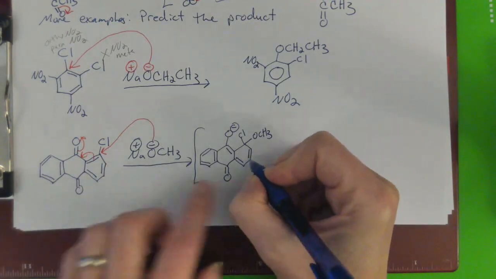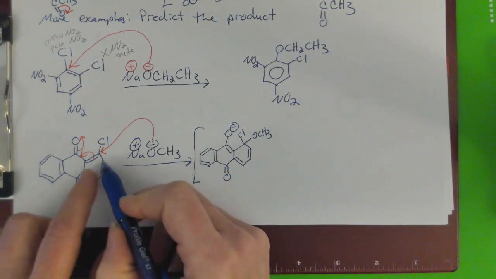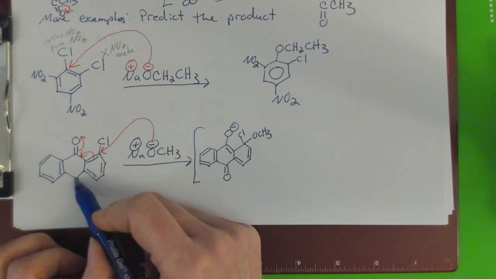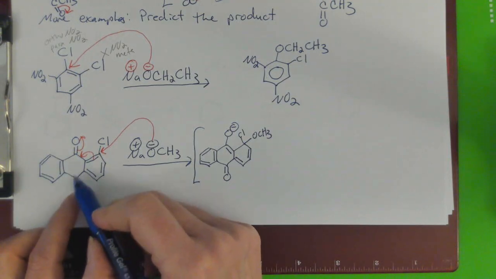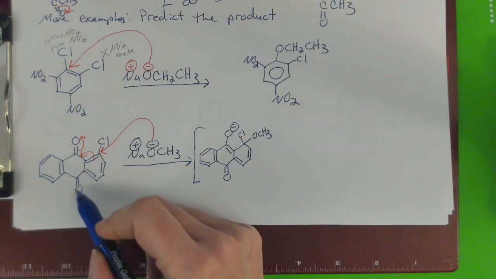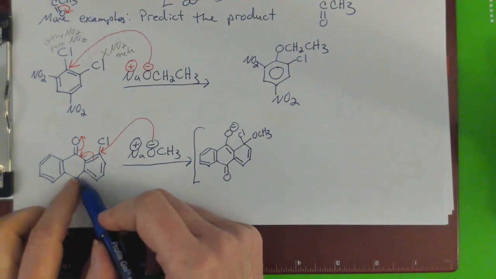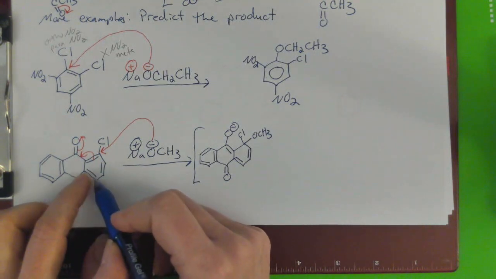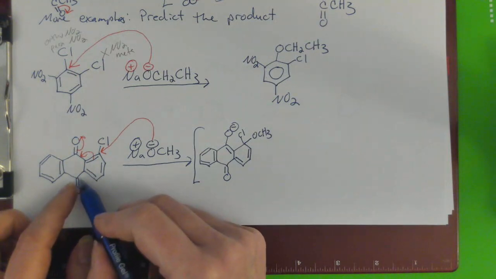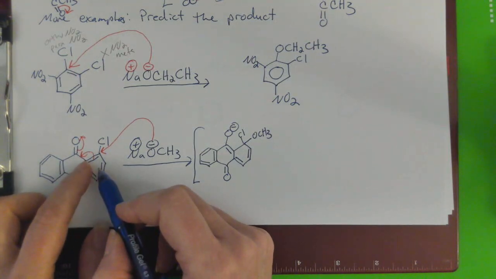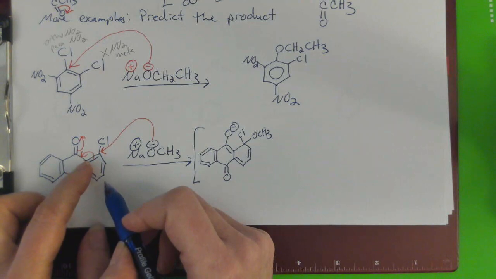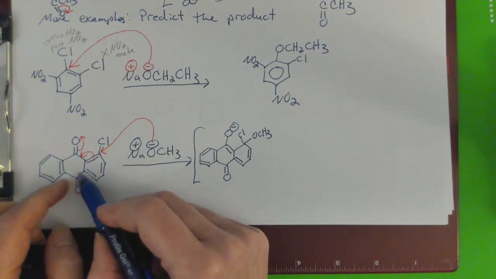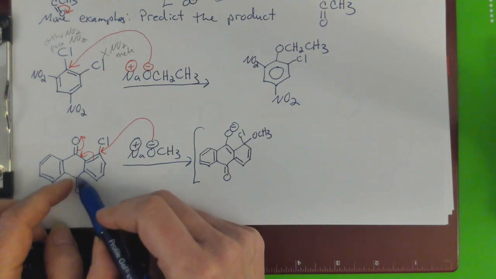And I just want to make a note about something right now. Notice here that technically at this meta position, we have an electron withdrawing group as well. The reaction, though, we don't say the reaction doesn't happen because there's an electron withdrawing group at the meta position. No, as long as we have an electron withdrawing group at the ortho or the para, we can make this go. So it doesn't matter here that there is something at the meta position.